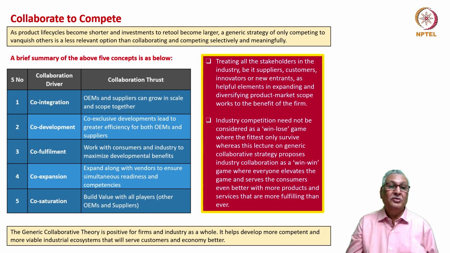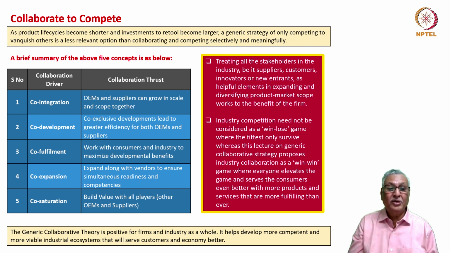meaningfully. The five concepts which I have outlined are of great importance in developing a collaborative, competitive framework. The collaboration driver in the first place is co-integration. OEMs and suppliers can grow in scale and scope together with that collaboration thrust. Under co-development, co-exclusive developments lead to greater efficiency for both OEMs and suppliers.